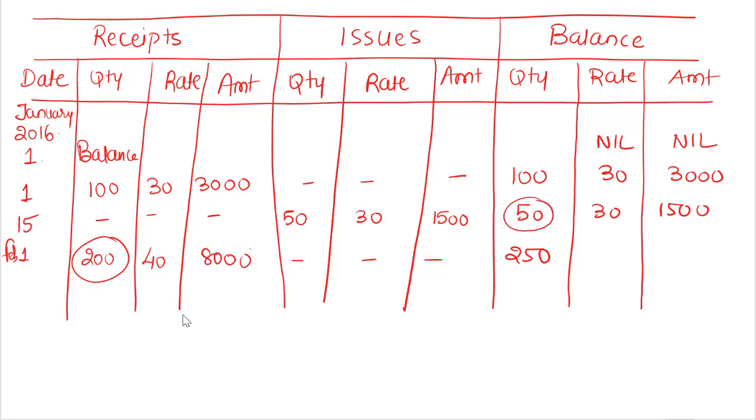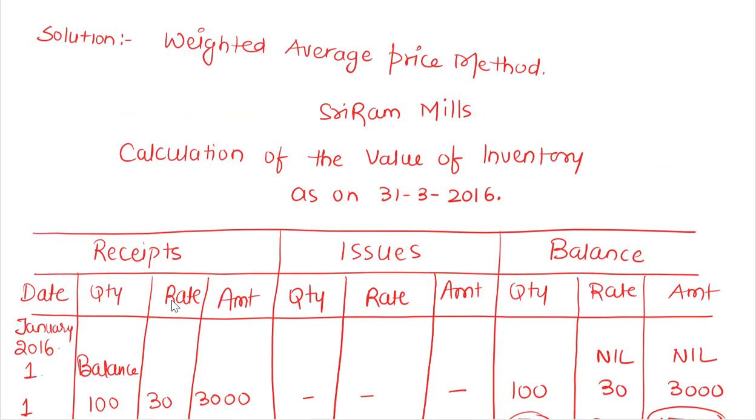Final balance would be 250. Final amount 8,000 plus 1500, 9,500, and now divide 9,500 by 250. We get the average rate, that is 38, on 1st of Feb.